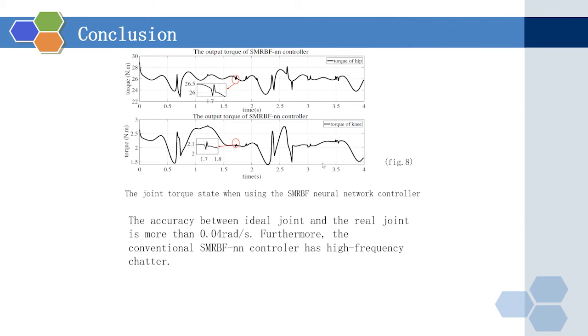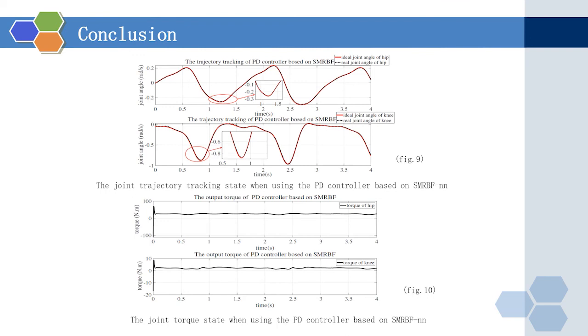That's bad. But for the joint trajectory tracking state when using the PD controller based on SMRBF neural network, the tracking accuracy between the ideal joint and the real joint is within 0.010 rad/s.